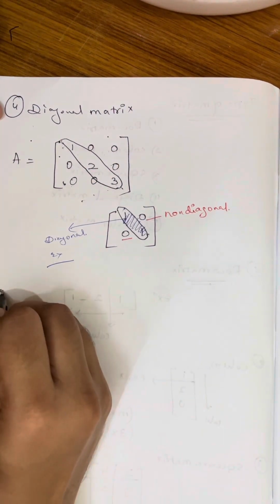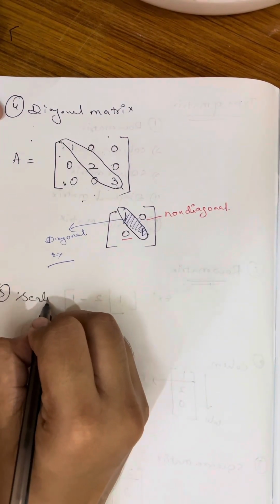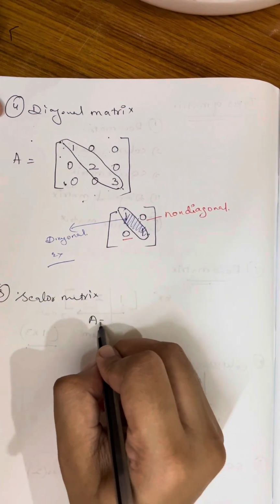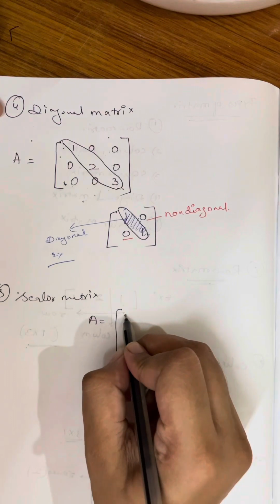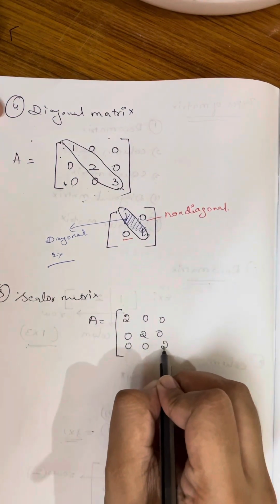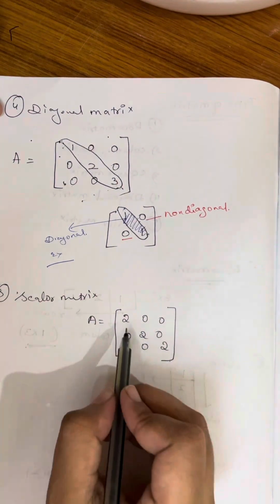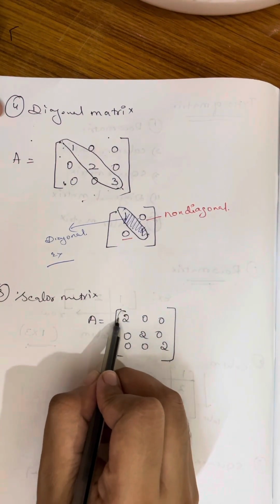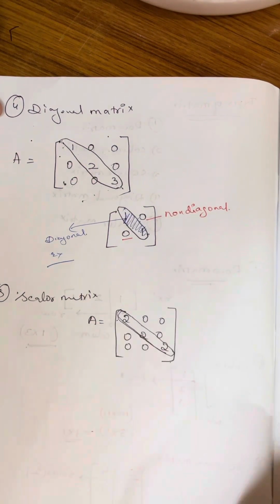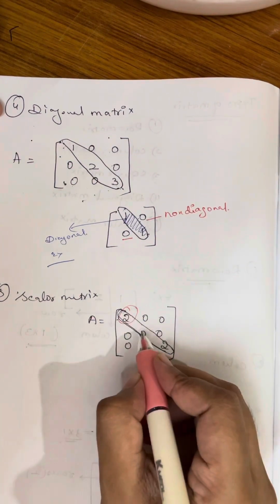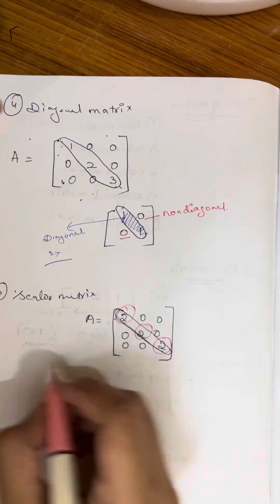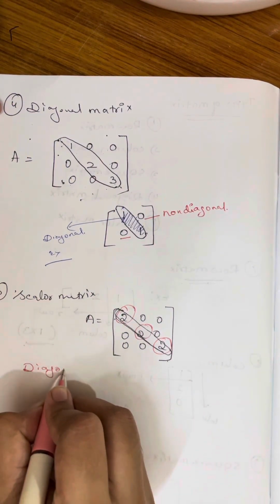Next comes the scalar matrix. For example, consider a matrix 2 0 0, 0 2 0, 0 0 2. If the diagonal entries are the same, you can see the number over here is 2, 2 and 2.